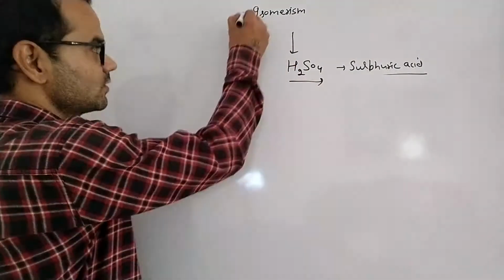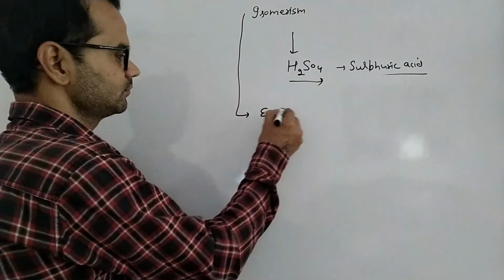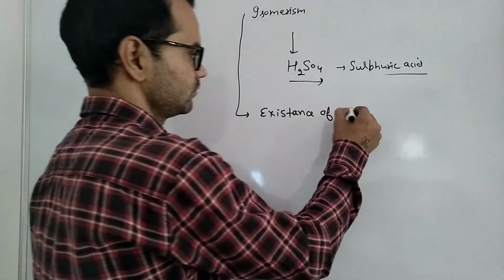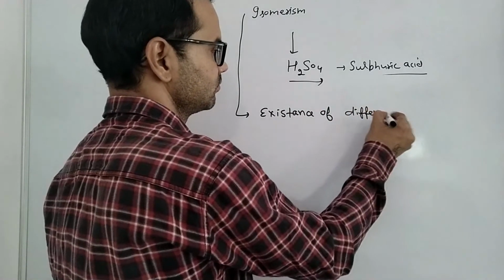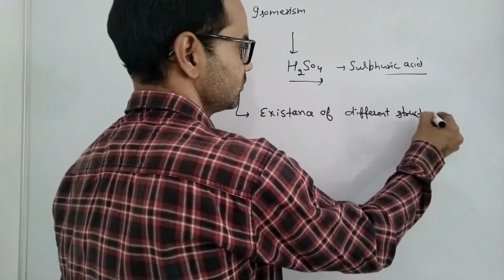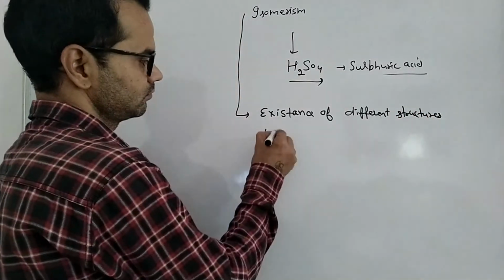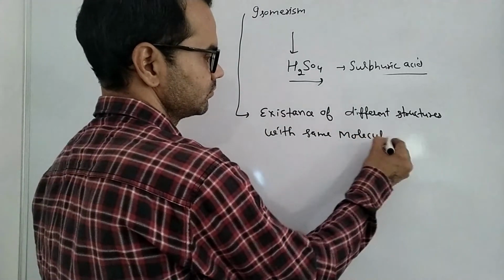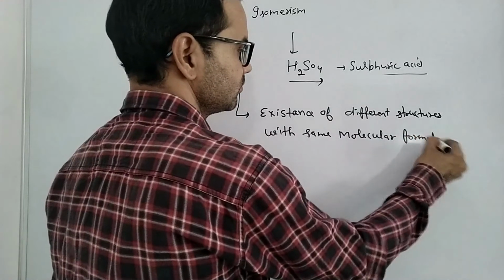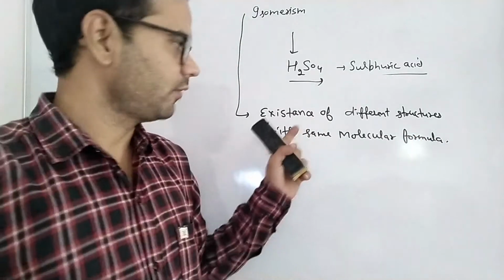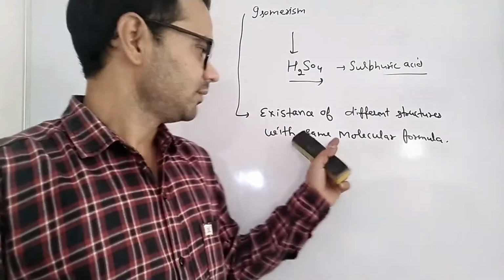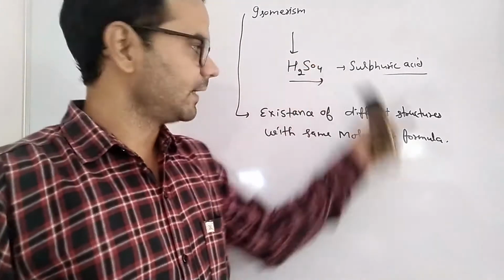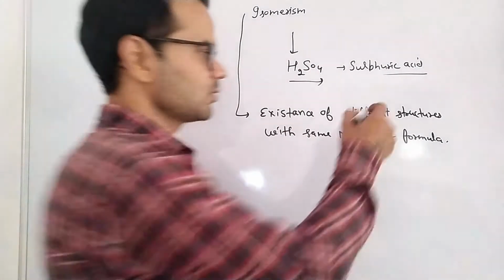Right? So what is this isomerism? Existence of different structures with the same molecular formula. The phenomenon is called isomerism, and the different structures are called isomers.